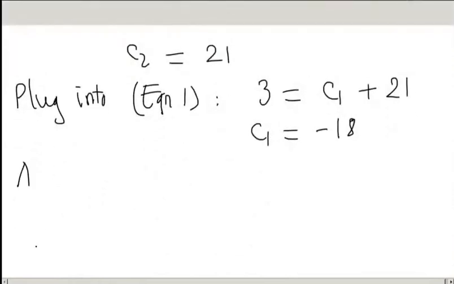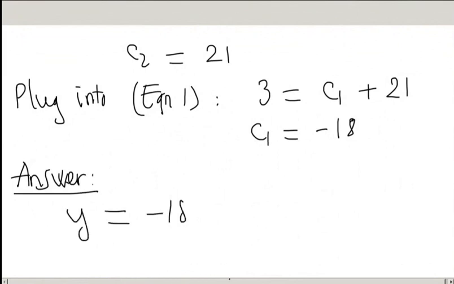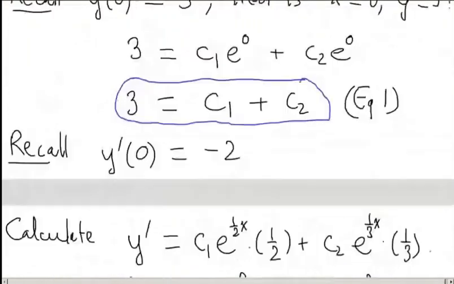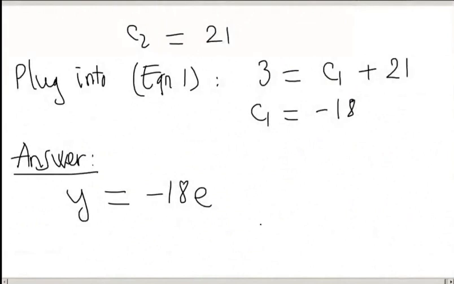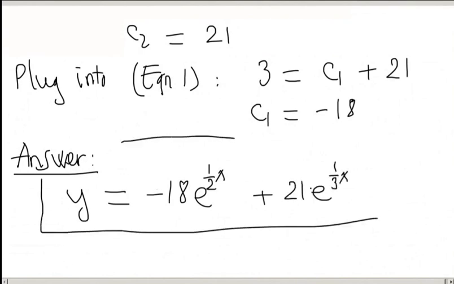And finally, we have the final answer, y equal to, if you recall, C1 e to the half x plus C2 e to the third x. So negative 18 e to the half x plus 21 e to the third x. And this is the solution to the ODE with the initial conditions.